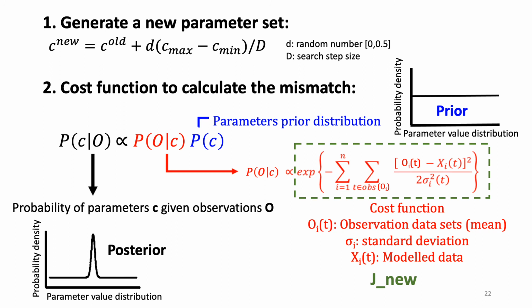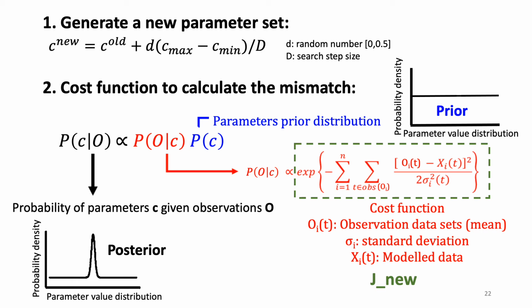Here, I want to show you how these steps were coded in our framework. The first equation is the simplest form of generating a new set of parameter values. The second equation highlights how the mismatch was computed within the cost function. Remember that both the mean and variation of your observational data are important.